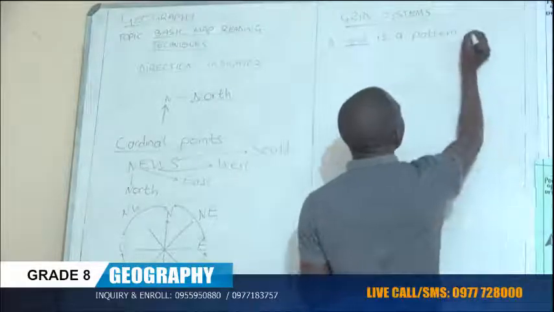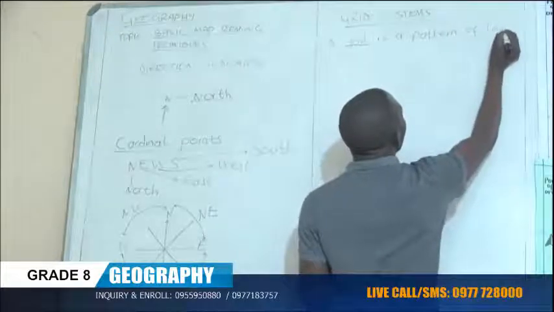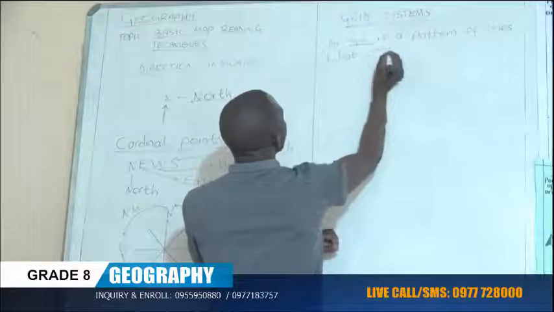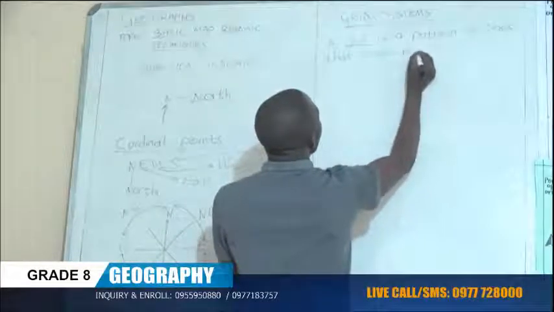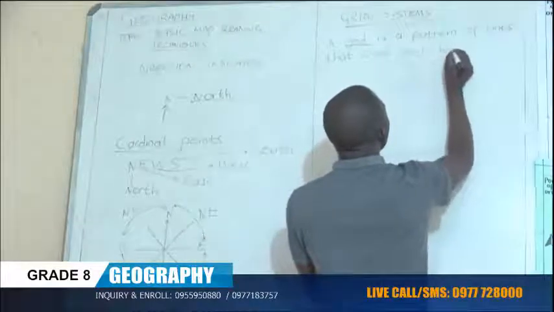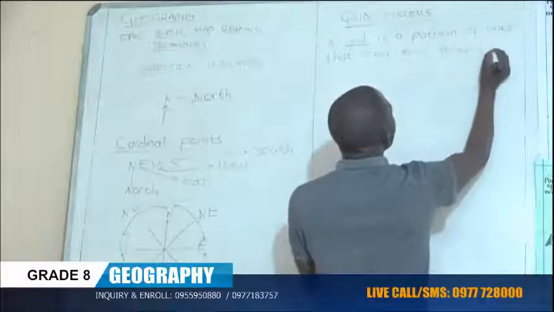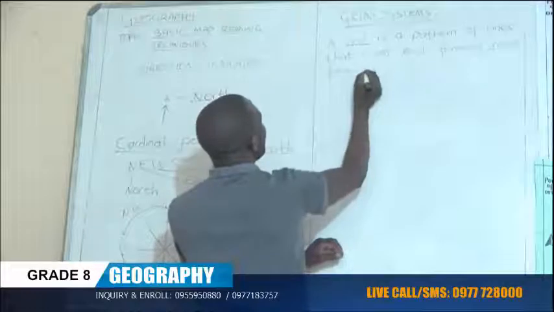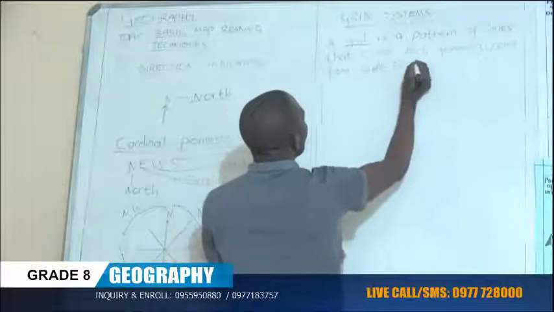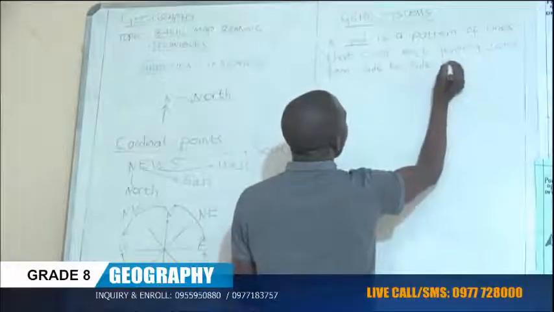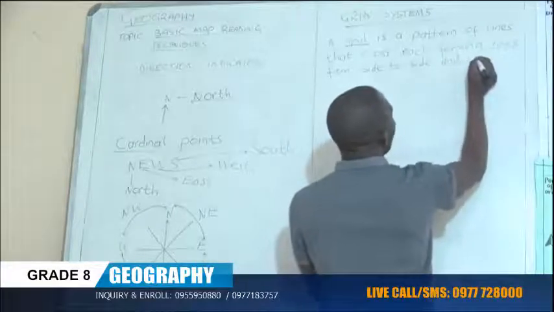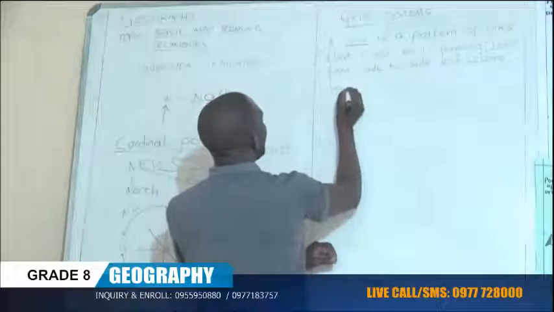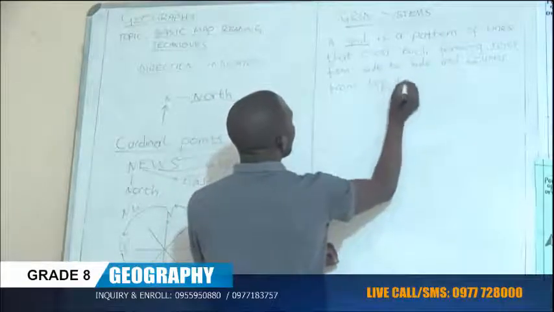It's a pattern of lines that cross each other, forming rows from side to side, and columns from top to bottom.